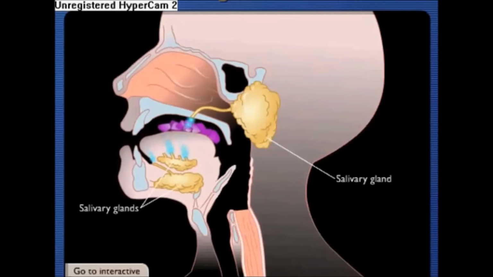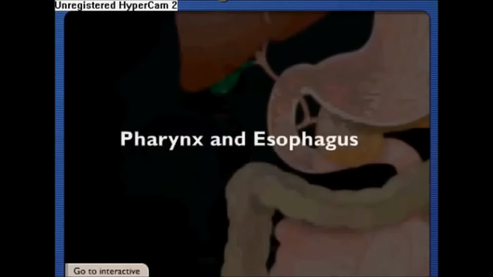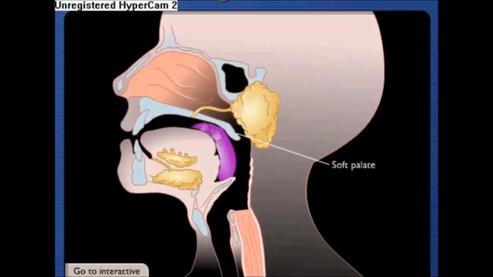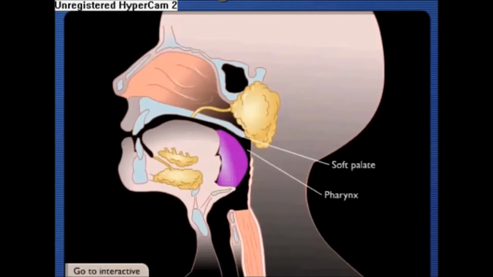Enzymes in the saliva begin to digest carbohydrates in the food. The tongue lifts to push the whole ball of wax back toward the pharynx, the opening from your mouth to your esophagus, and then through a muscular valve called the upper esophageal sphincter, which opens to allow the food through. In other words, you're about to swallow, entering the esophagus.